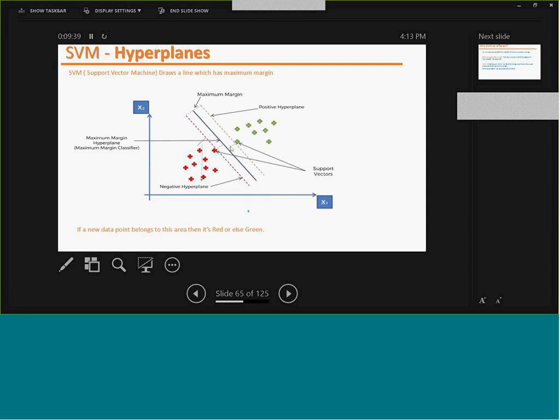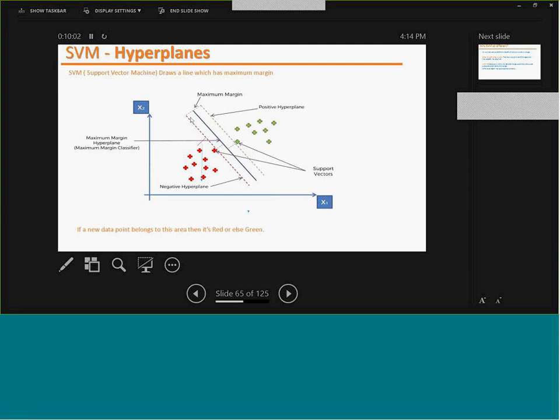Okay, support vectors means the equal distance from this line to the boundary of these data points. So in the green data points, this one is very close to this line, and this red marked one is very close to this line, and that's why we call it a support vector.